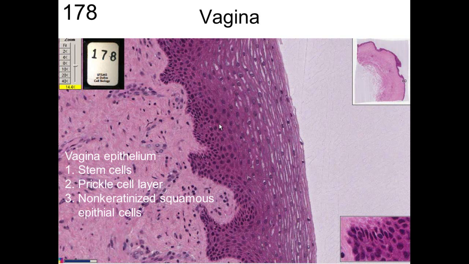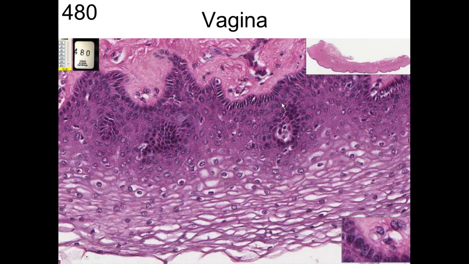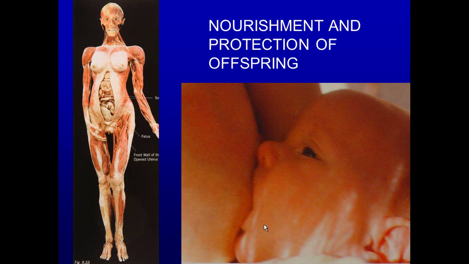In the vagina you have stratified squamous epithelium, so you have basal cells, prickle cells, and a non-keratinized cornified layer on the outside. Here you can see those cells again, and as I mentioned to you before, in some species, in rats, you can collect these cells and swab the vagina and be able to tell what stage of the cycle that particular rat is in.